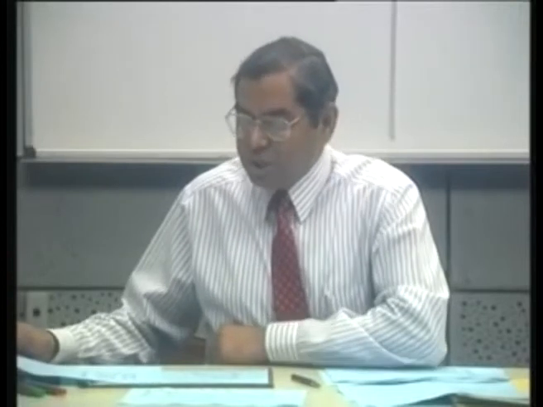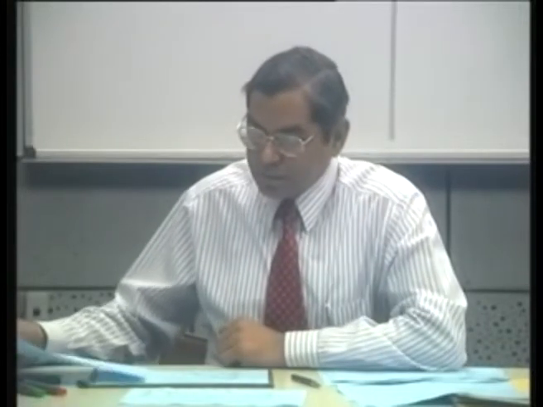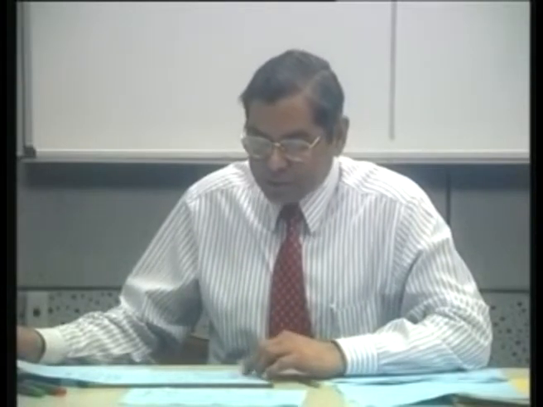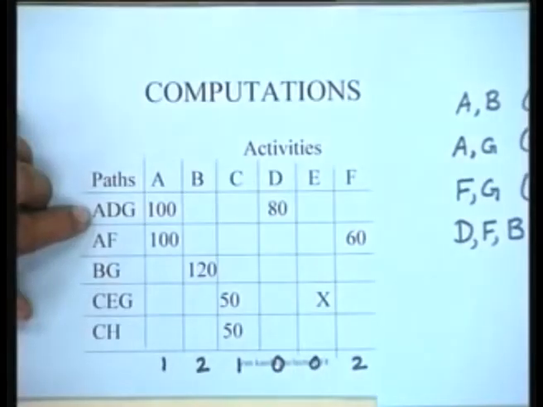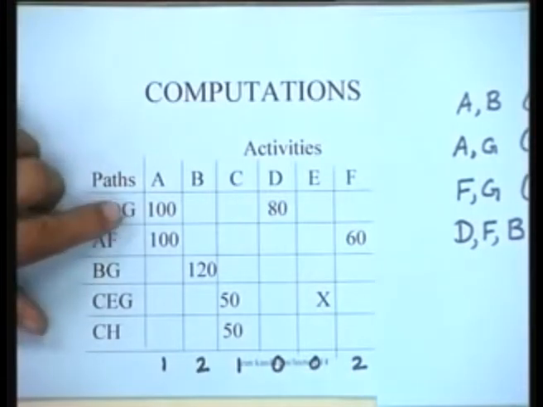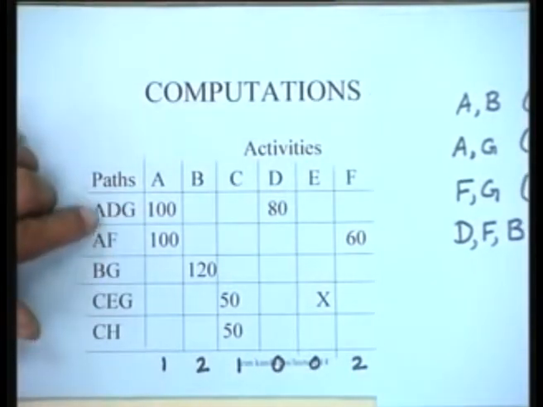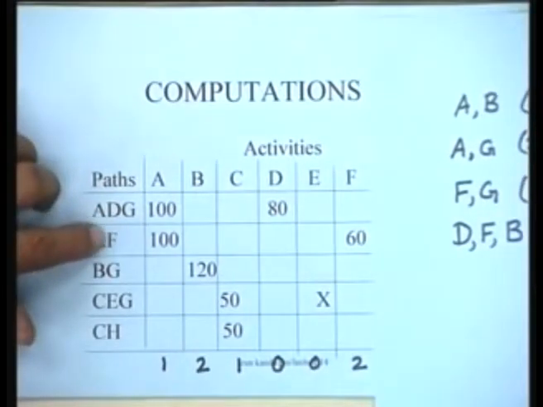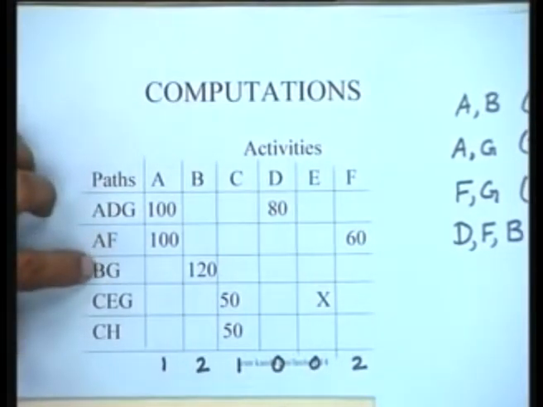The optimal solution in this particular situation would be, if you look at this problem a little more closely, you see that if I crash A and G, this path is reduced, A is crashed, G is crashed. This path will be reduced by 2 days. This path will be reduced only by 1 day. This path will be reduced by 1 day with A and G.